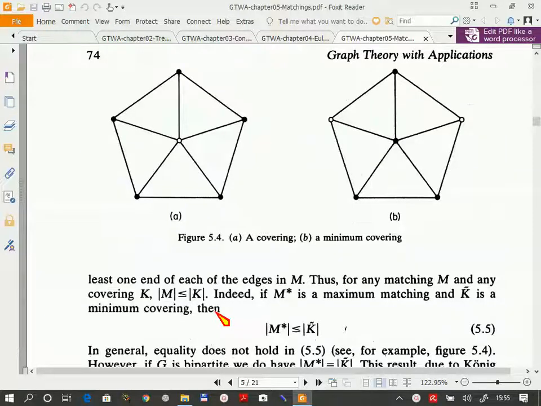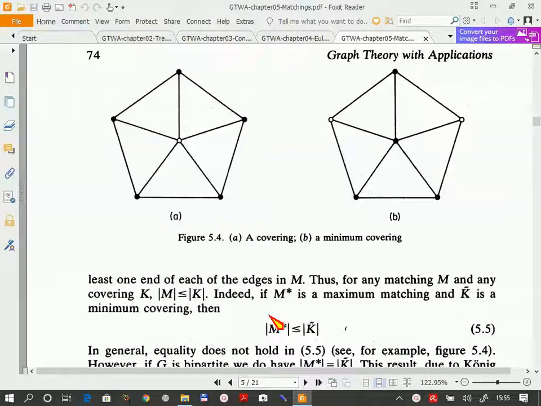And therefore, the number of edges in M is less than or equal to the number of vertices in K. That's why we have the two notions together in the same chapter. And this holds for any matching, for any covering.